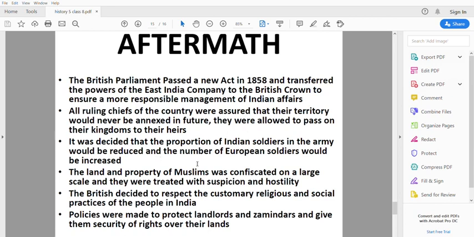The land and property of the Muslims was confiscated on a large scale and they were treated with suspicion and hostility. The British decided to respect the customary religious and social practices of the people of India. Policies were made to protect landlords and zamindars and give them security of right over the lands.